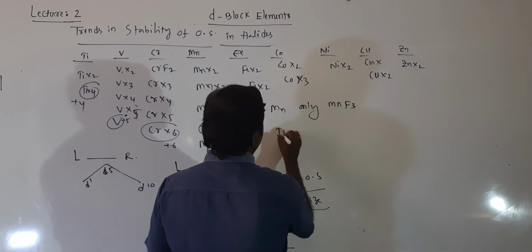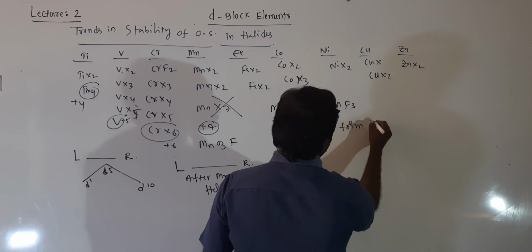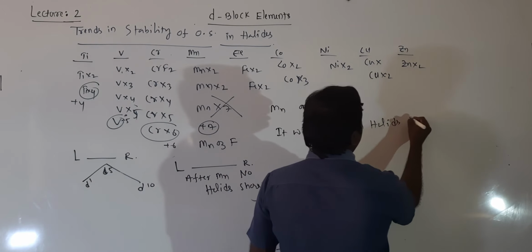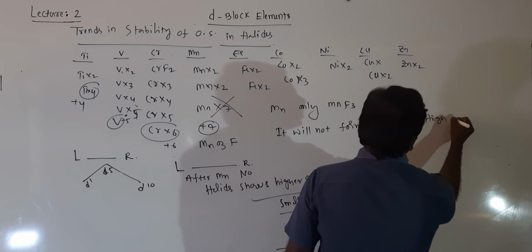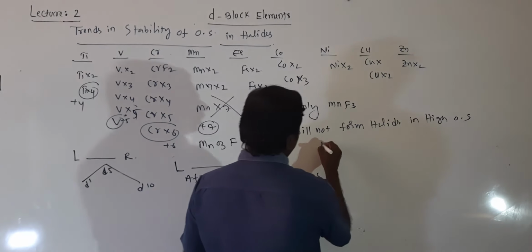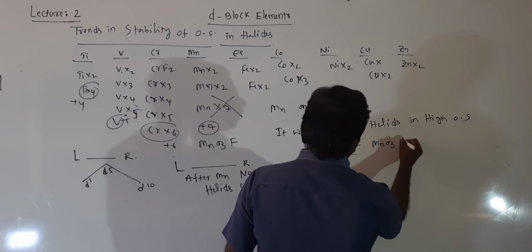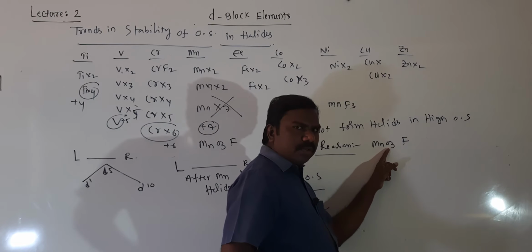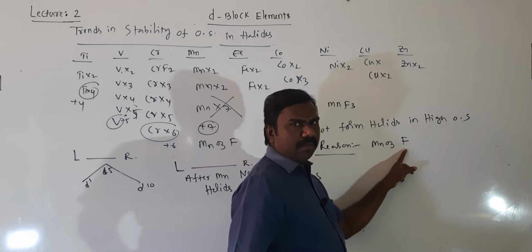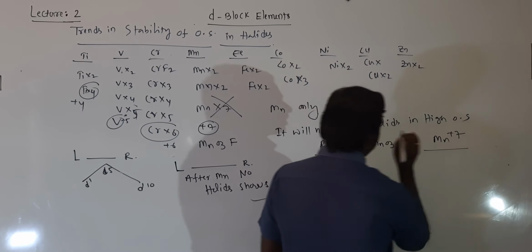So it will not form halides in higher oxidation state. The reason is MnO3F: 3 into minus 2, minus 6, plus fluorine minus 1, minus 7, must be equal to 0, means manganese will be plus 7.